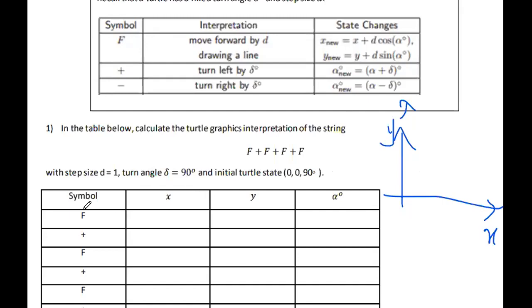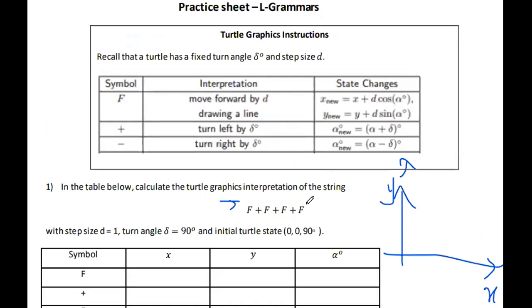Let's read this word. What is the first character you encounter? F. To visualize this word, you have to specify the symbols meaningfully.